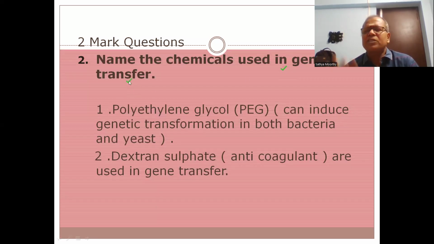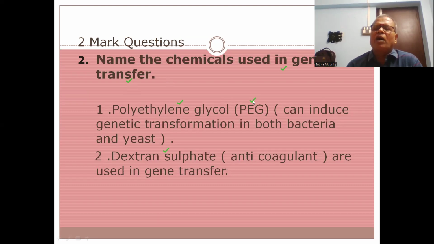Gene transfer means transferring the DNA from the donor to the host, or through a vector, we are transferring the gene to the host. Two chemicals are used. One is polyethylene glycol and another is dextran sulfate. These 2 chemicals are used in gene transfer at the time of genetic engineering.